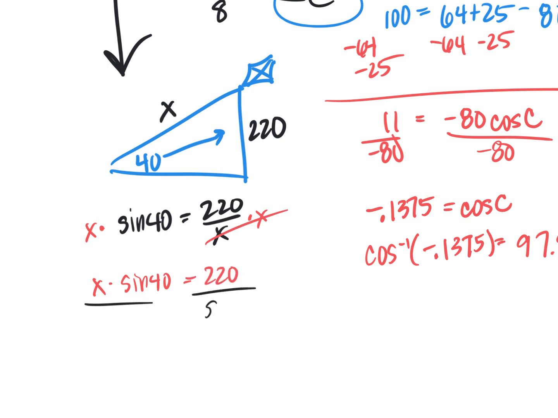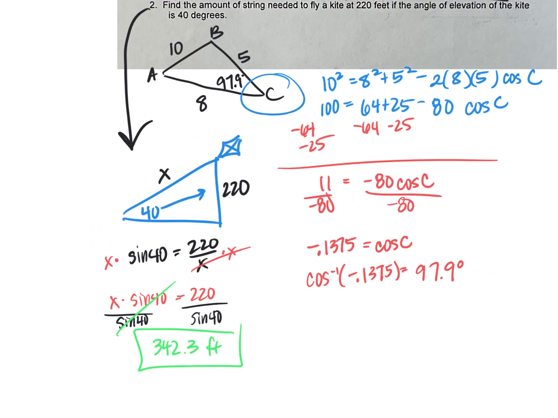Make sure we're getting this written down. What was your answer? 342. 342 point, are we cool with just saying 3? 342.3. What's our units? Feet. Love it. Guys, you're done.